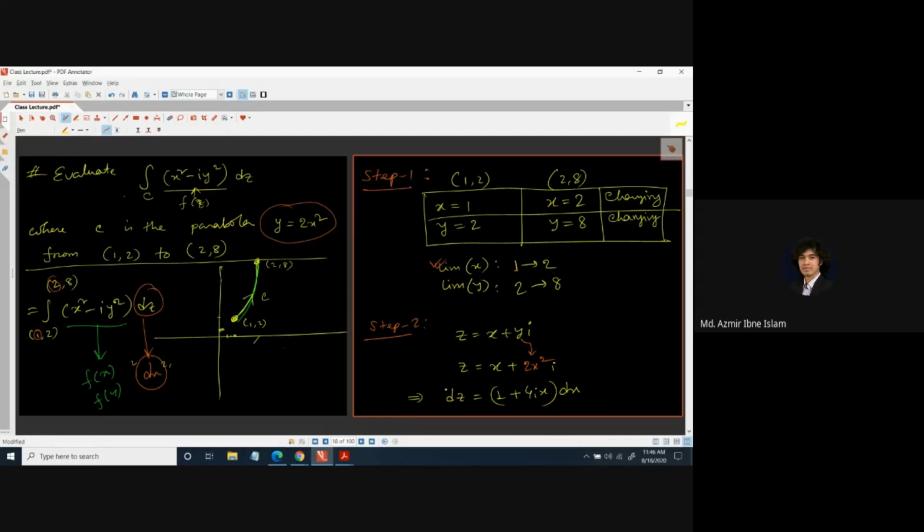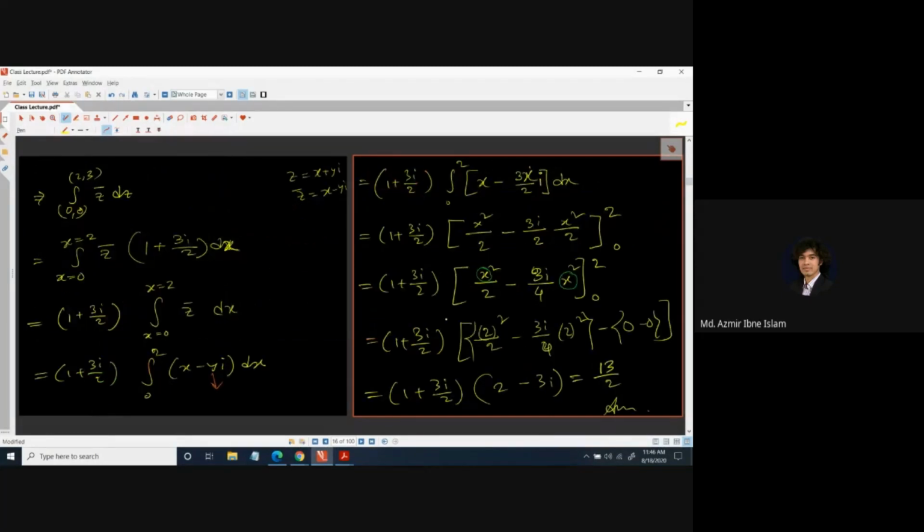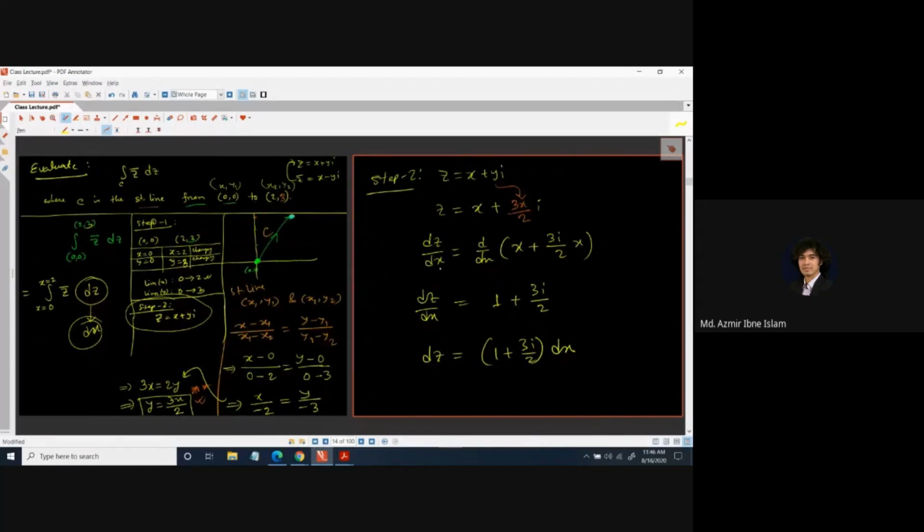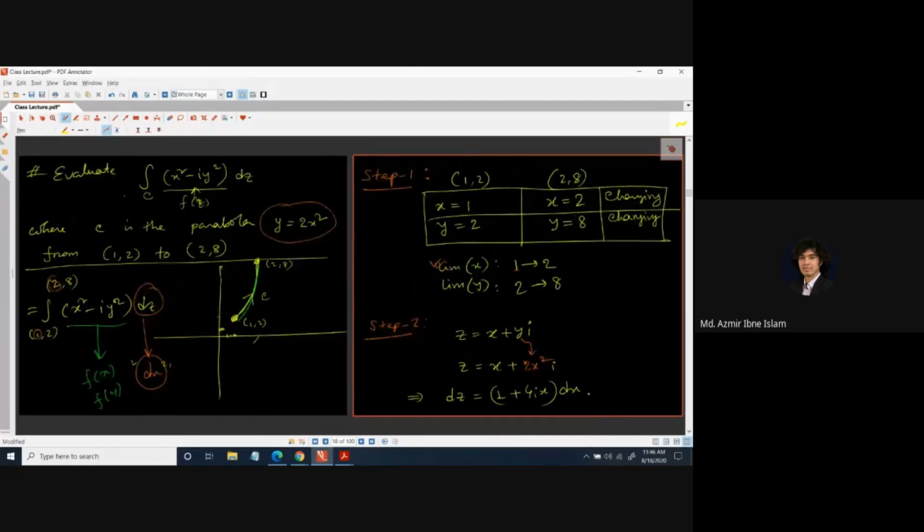Have you understood this part? I have written it directly, or you can explain it this way: at first you differentiate in terms of x, then you transfer the dx to the right side. This is the way I have solved this one. Have you understood this one?